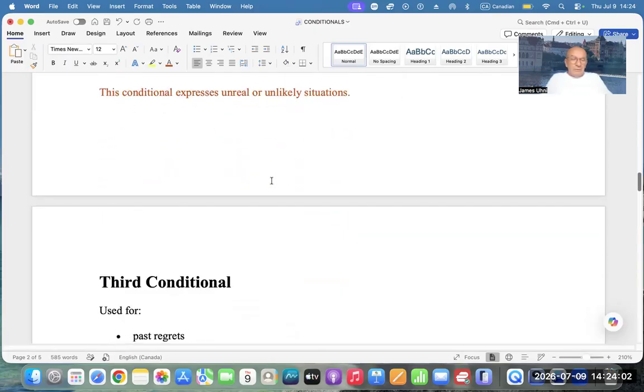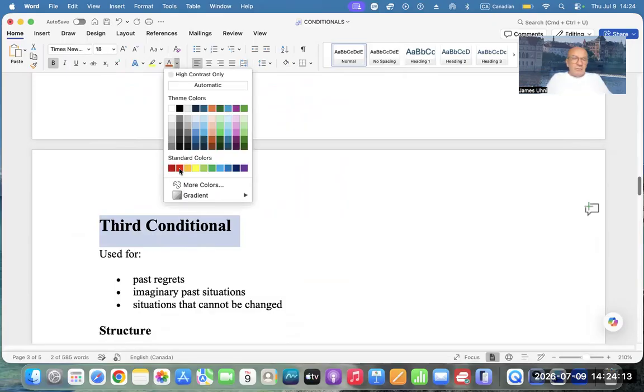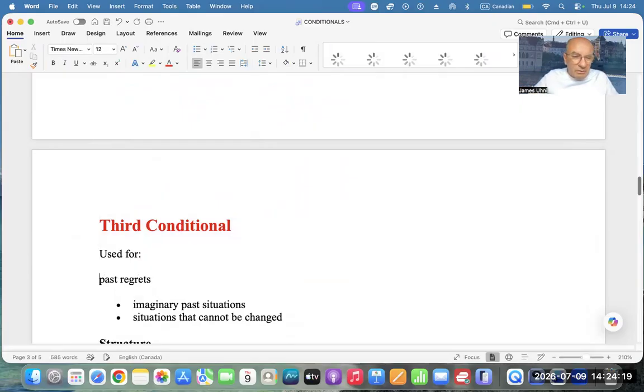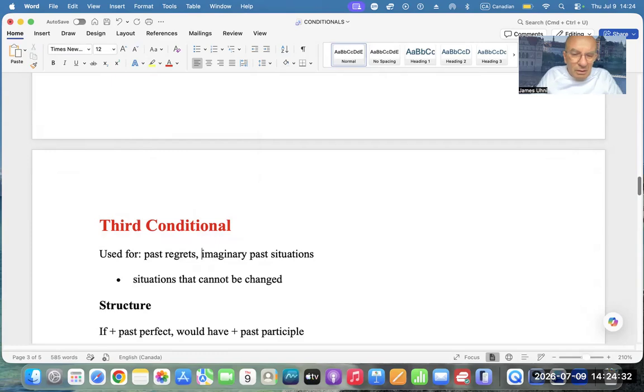And then we have the third conditional, which is the last one, and that is in a red color. So let me explain the red conditional, used for past regrets. Wow, what is regrets? We could call it mistakes, but I will leave regrets because you will learn to understand why.